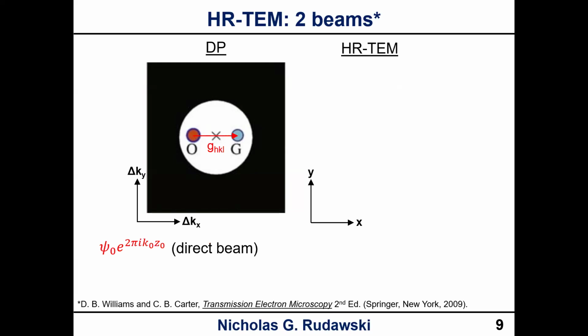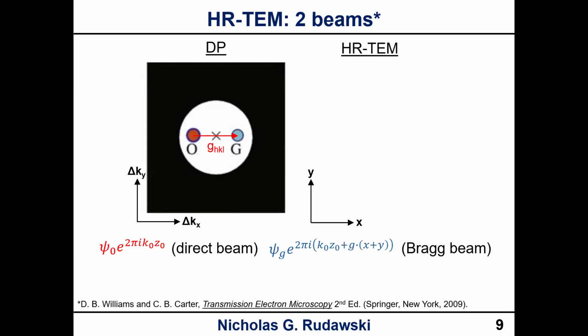So if we look at the 2 beams, we can characterize the direct beam and the wave associated with it as this. It has an amplitude psi naught, and then it has a complex exponential phase factor.